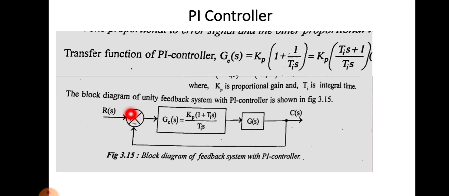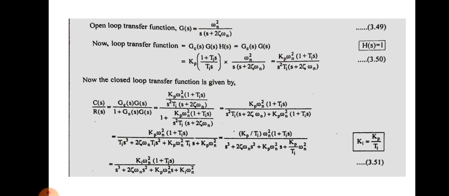Here is a block diagram of a unity feedback system with the PI controller, in which the forward path contains the transfer function of PI controller and the open loop gain, and the feedback path is a unity feedback path. In this case, the open loop transfer function G of S is given by omega n square divided by S into S plus 2 epsilon omega n.